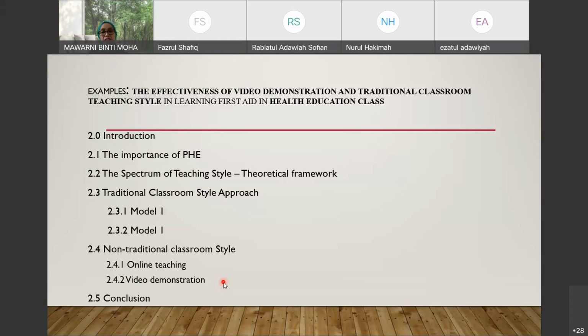And the conclusion of the review. That is a very basic one. And of course, underneath probably you may have the subheadings that actually explain a little bit more about aspects in the findings about classroom style, health education, and also non-traditional classroom styles. Okay, all right.